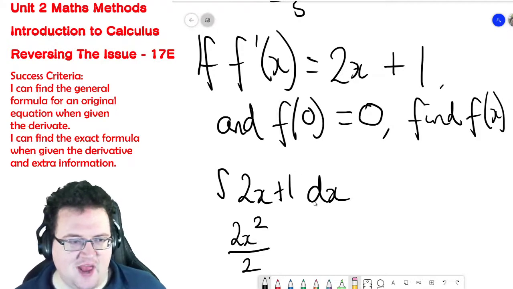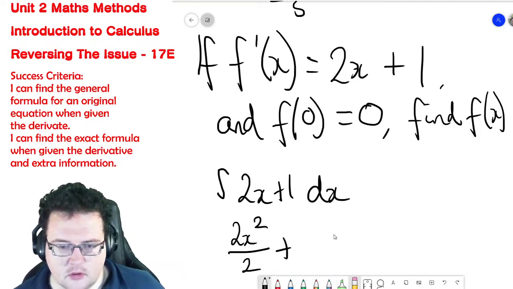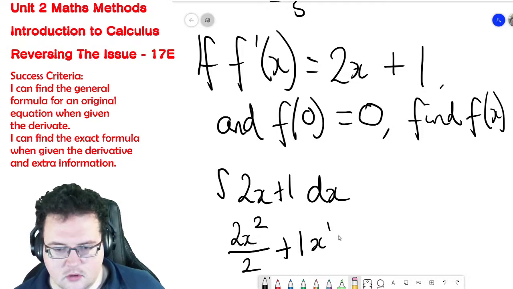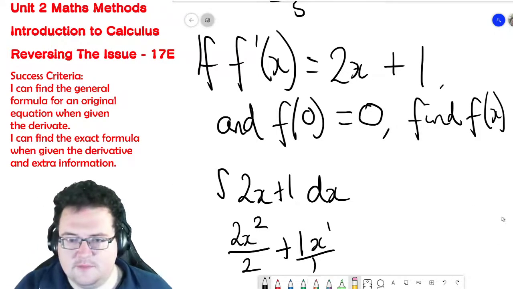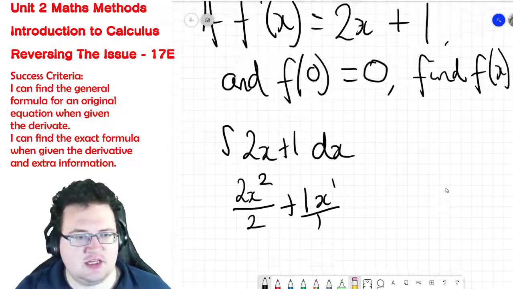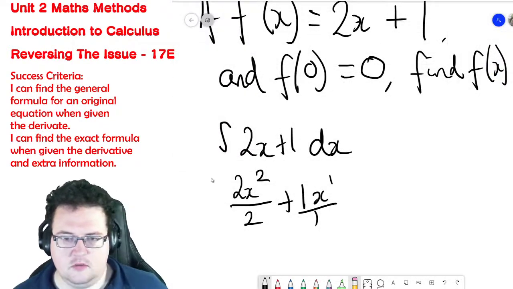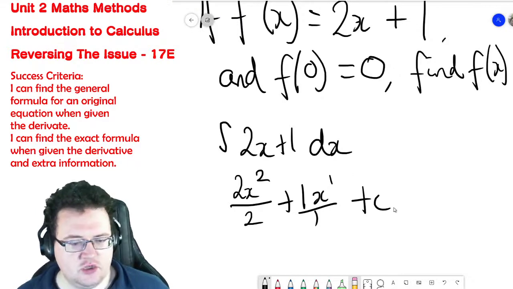So I now need to add 1 to that power and then divide by my power. Now that I have this, don't forget plus c, because you're trying to find the constant.